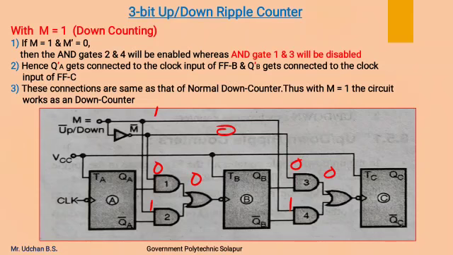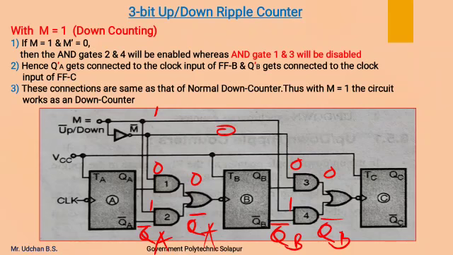Now AND gate 2 has one input as 1 and other input as QA complement, so it will output the value of QA complement, and AND gate 4 has other input as QB complement, so 1 into QB complement will give you the value of QB complement at the output of AND gate 4.